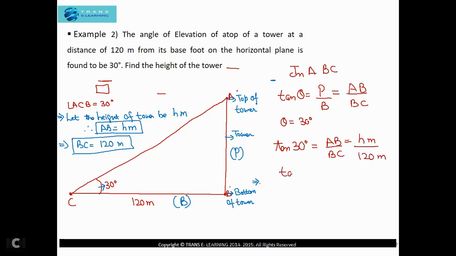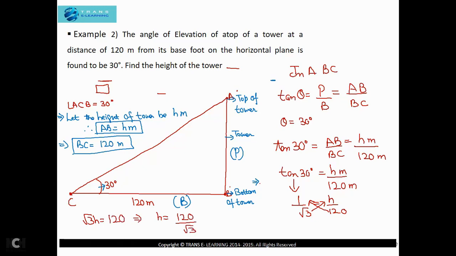So tan theta is equal to h meter upon 120 meter. As we know that the value of tan theta is 1 upon root 3, so that is equals to h upon 120. So now on cross multiplying we will get root 3 h is equal to 120 and h will be equal to 120 upon root 3.